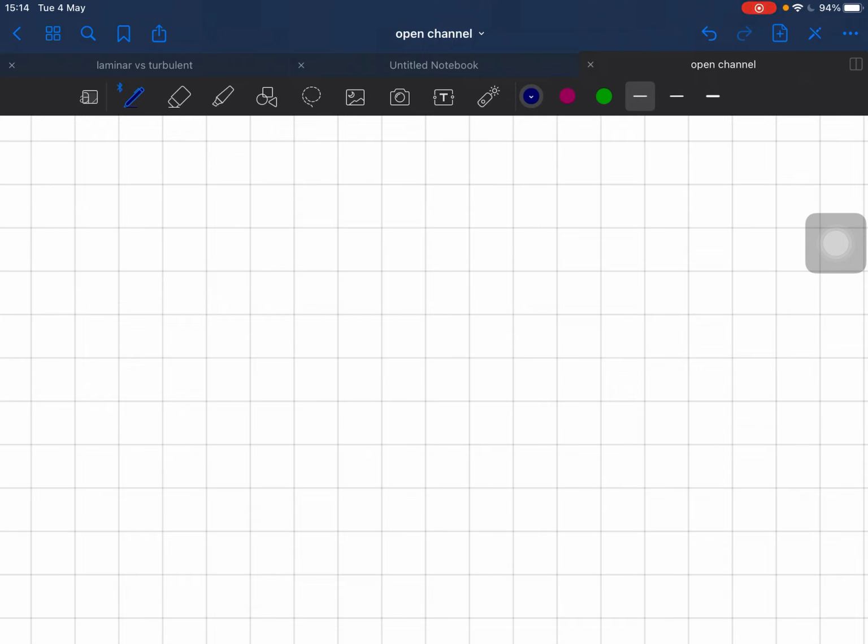So now I'll draw it. I hope it turned out well. It's a half circle. I hope you can interpret this image as a half circle.